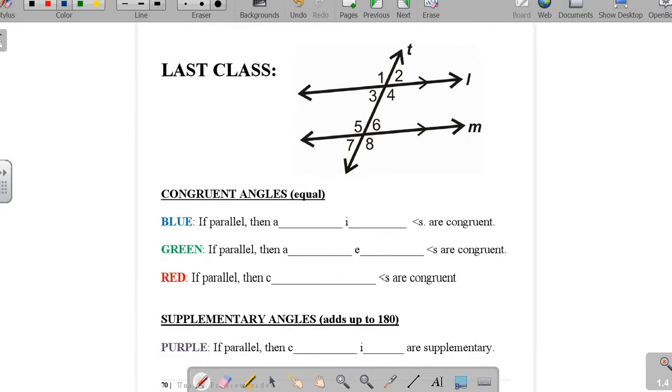If you have parallel lines, alternate interior angles would be congruent, like 3 and 6. Alternate exterior angles would be congruent, like 8 and 1.